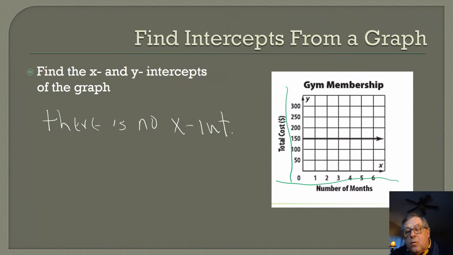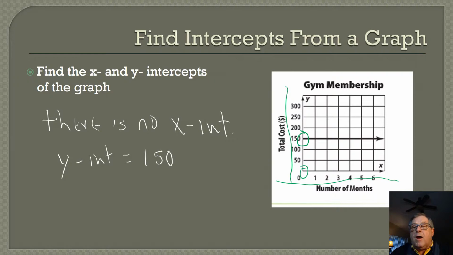But when it comes to the y-axis, right here at $150, because it's in dollars, I see that I have a y-intercept, and that equals 150. Now you might notice, and this would be important, that where this is intersecting the y-axis, x here is equal to 0.